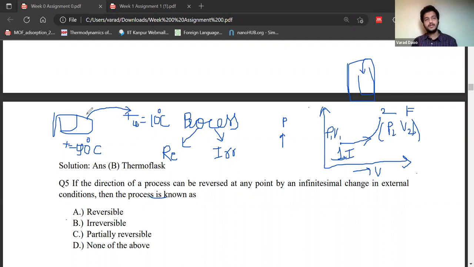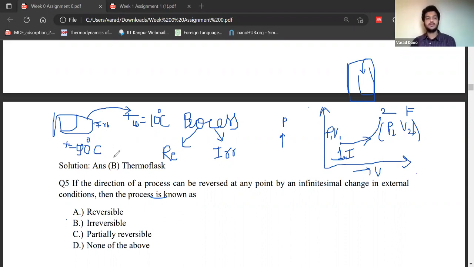That means it's an irreversible process because it is happening spontaneously. So all spontaneous processes are irreversible, whereas slow processes are reversible, right?